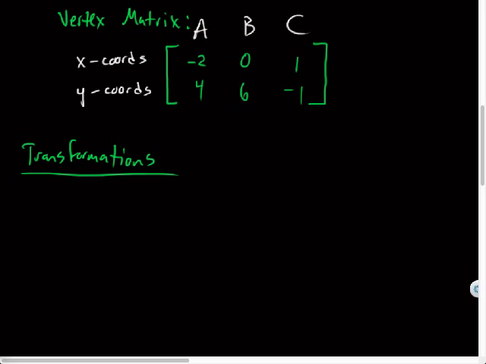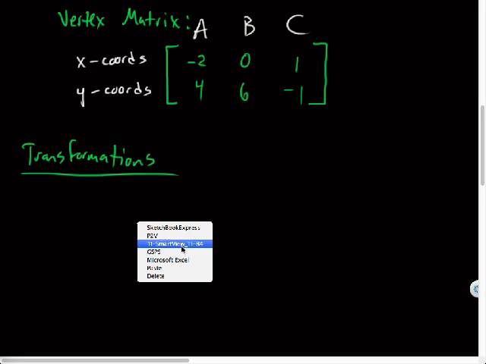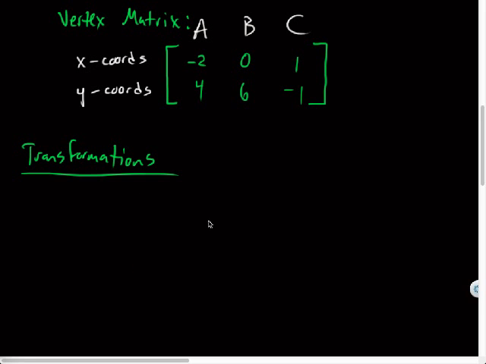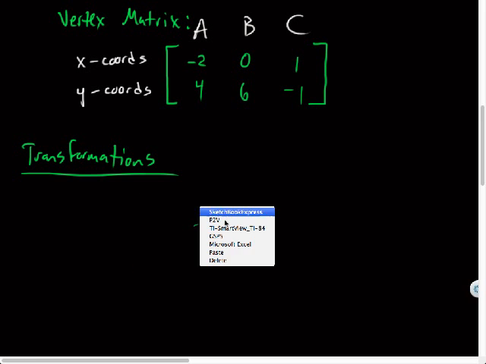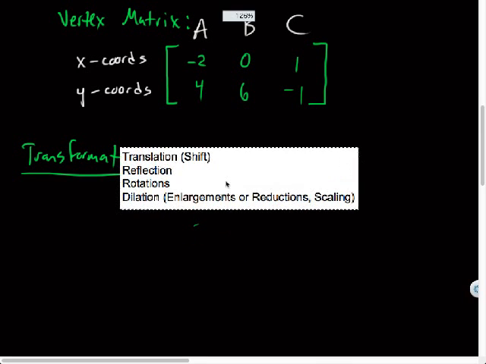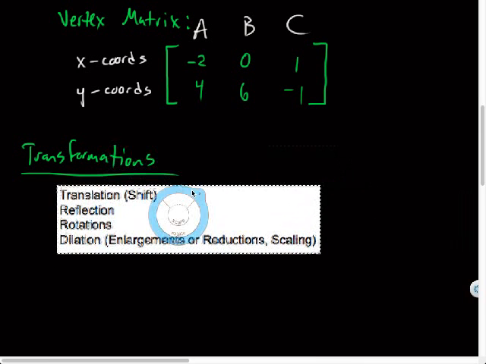I always get mixed up transformation and translation, because they both start with T. Oh, dear. Here we go. Aha. So here are the types of transformations. A translation is a shift, right? So shift it up, down, left, right, or maybe a combination of the two. That would be a translation.